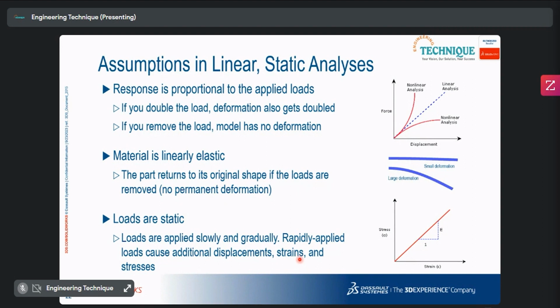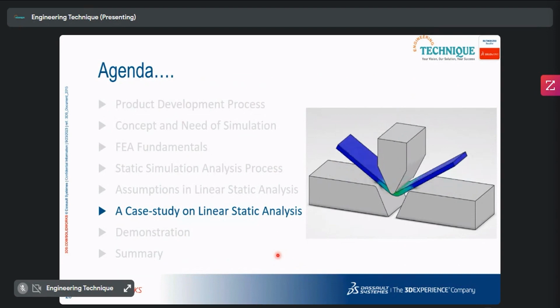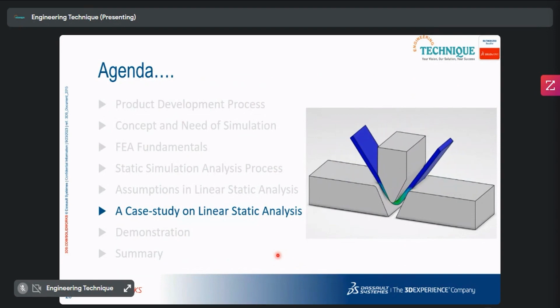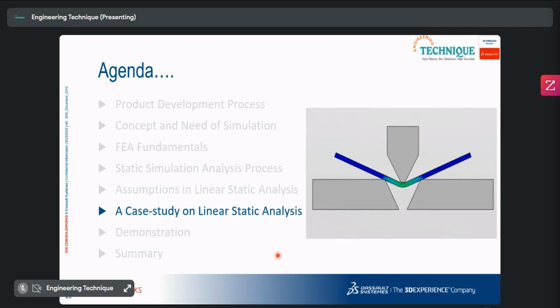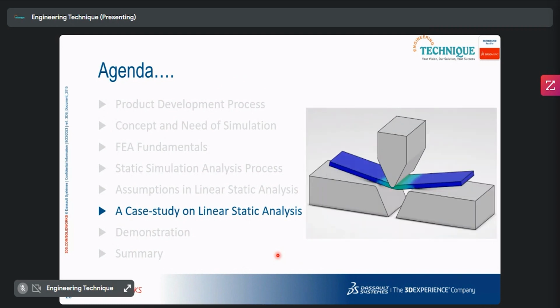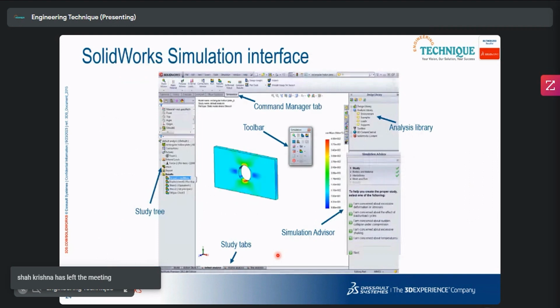Okay, now to understand the simulation process in SolidWorks Simulation, let's take a case study which was carried out by our ex-employee. Before taking the case study, I just want to brief the simulation interface.